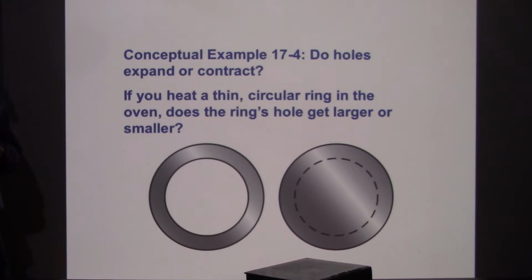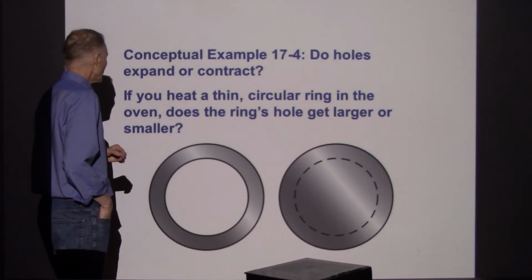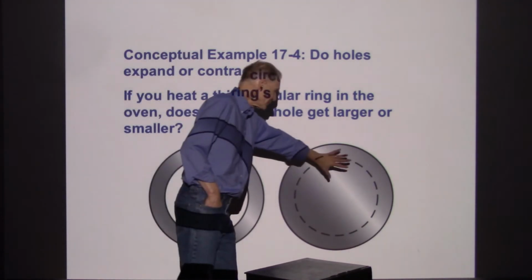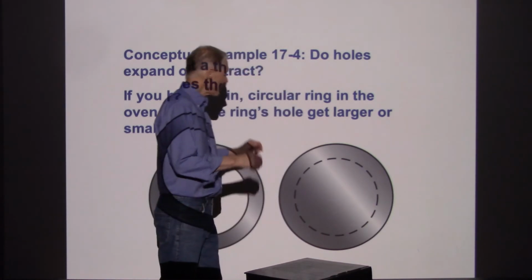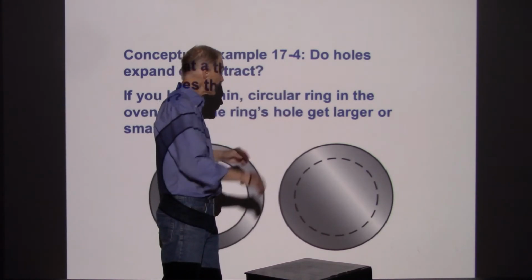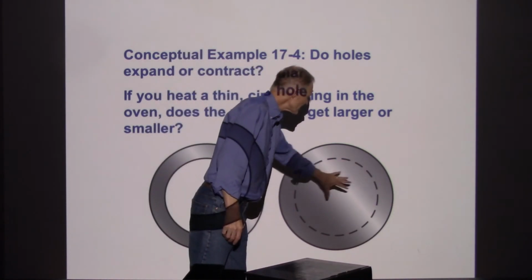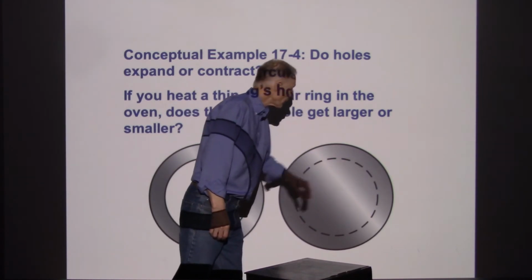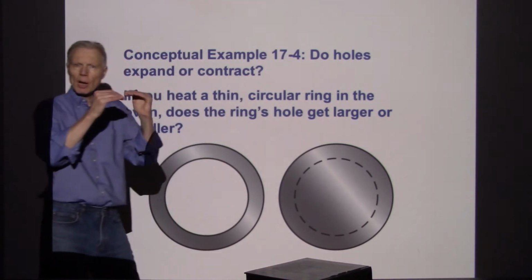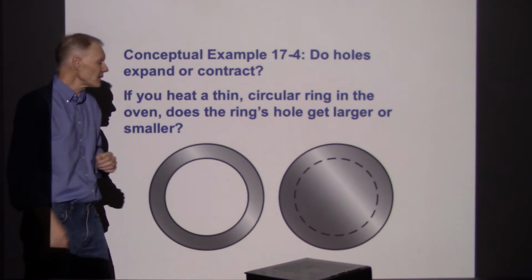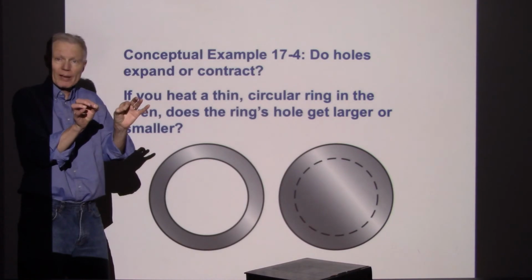Okay, here's a kind of a standard conceptual question. If I have a piece of aluminum or steel or something, and the temperature goes up, that's more kinetic energy. What happens to the distance between all of the nuclei within that block of aluminum or that block of steel? All the neighboring nuclei move away from each other.